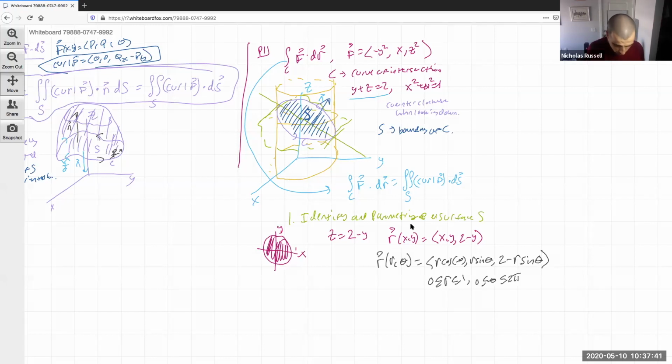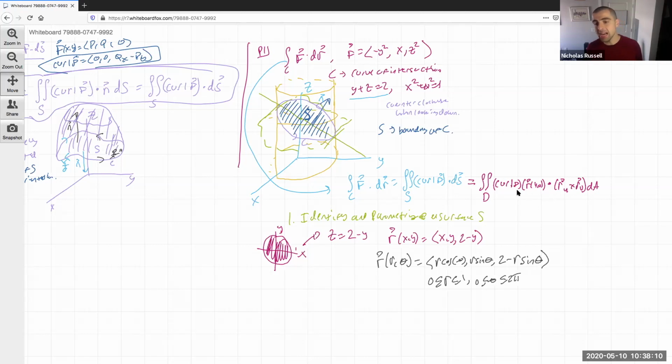So now, thinking about what I need to do, how do I actually evaluate this? Now I have my domain D over here. I would need the curl of F, evaluated at r of u,v, and take the dot product with my normal vector, r_u cross r_v dA.